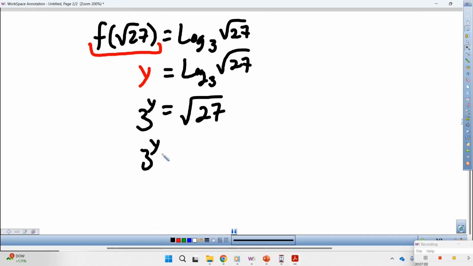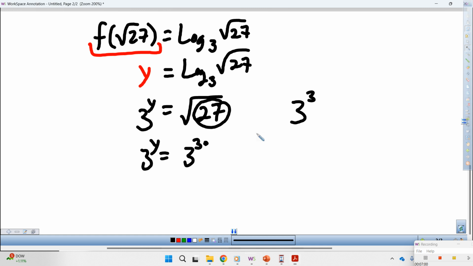So we need this side to look like this. So 3 to the y equals, first of all, look up, guys. How can I write 27 in base 3? 3 times how many times by itself? To the third, yeah? So it's 3 to the third. However, what happened to the square root? What is the square root in exponential form? From the warm-up, what did we do with the square roots?